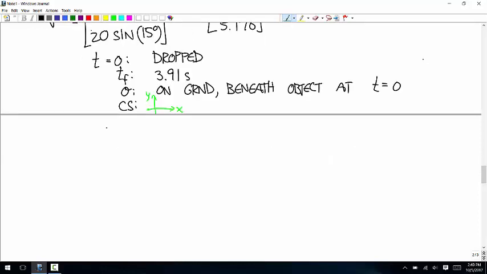Now we have to think about what we know and what we want. We know time final. Do we know anything about the initial position? Yeah, we do. Since we put the origin right underneath the helicopter, we know that PIX is 0. And we also know it's 55 meters up, so PIY is positive 55.